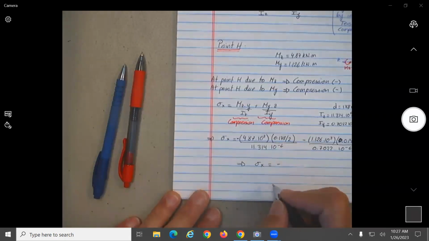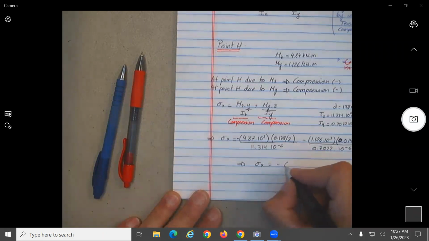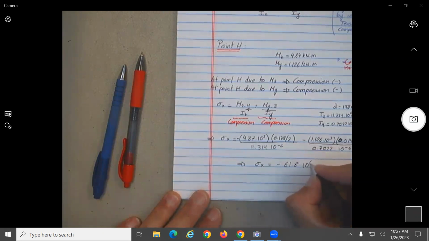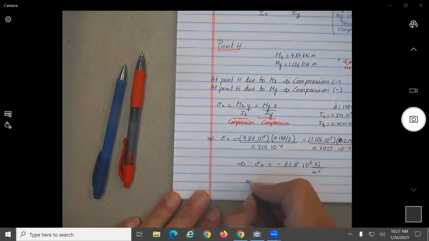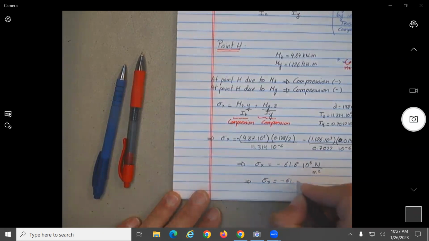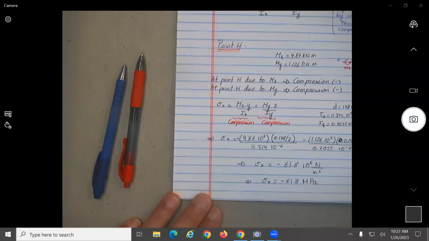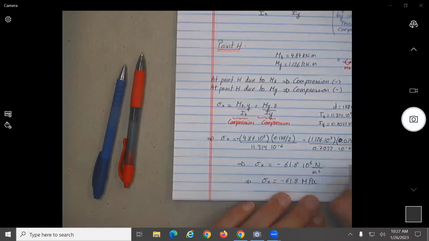So this gives you a value of minus 61.8 times 10 to the 6 newtons per square meter, which is the same as minus 61.8 megapascals. So 1 Pascal is what?